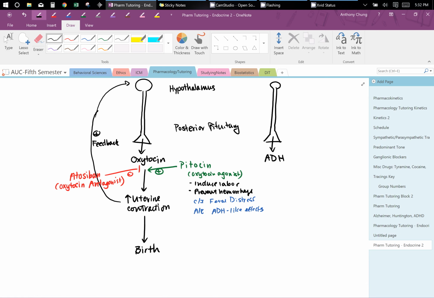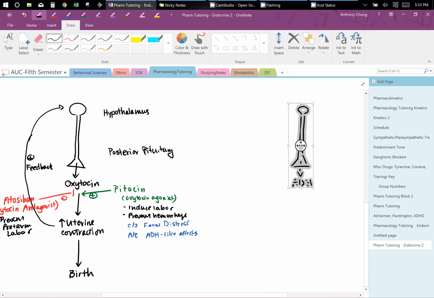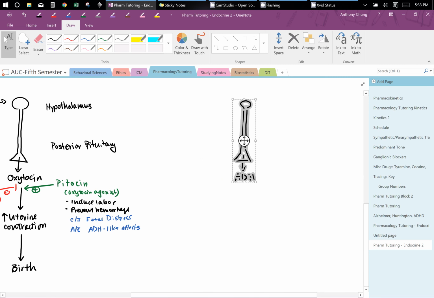You just want to prevent preterm labor. Okay, so that's it for this pathway, just these two drugs. And let me move this a little bit. Are there any questions so far?